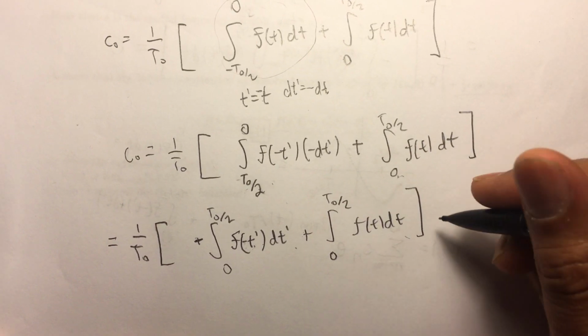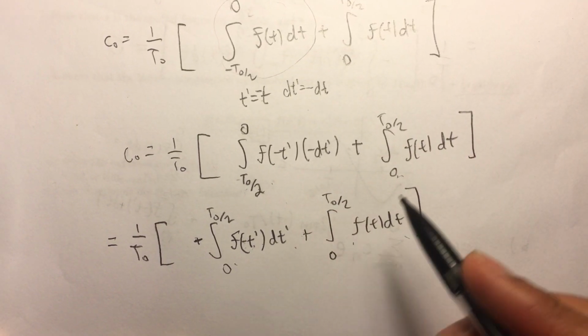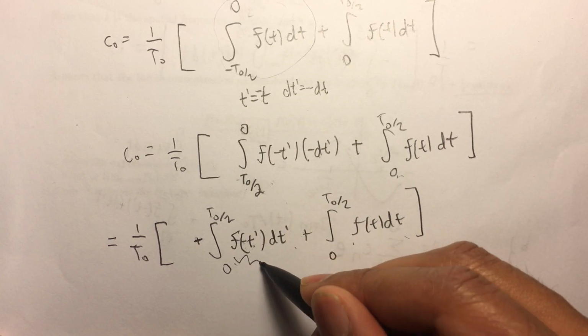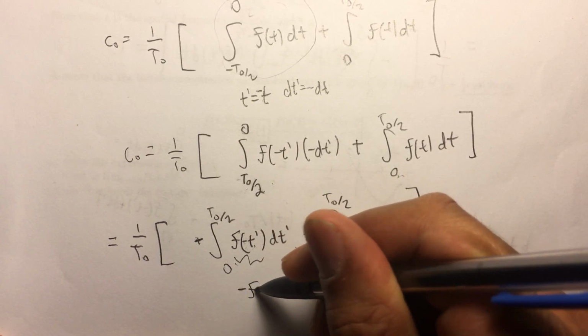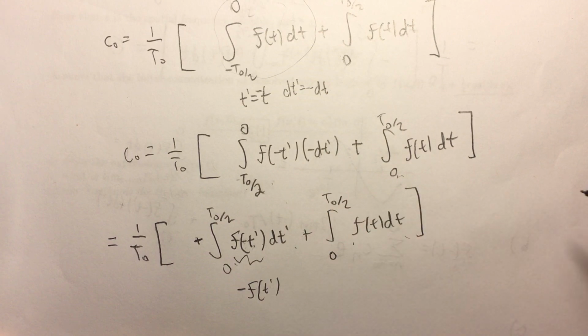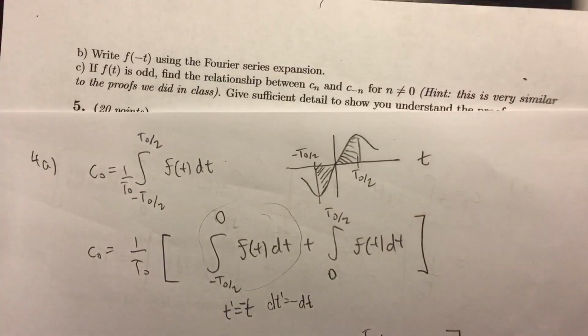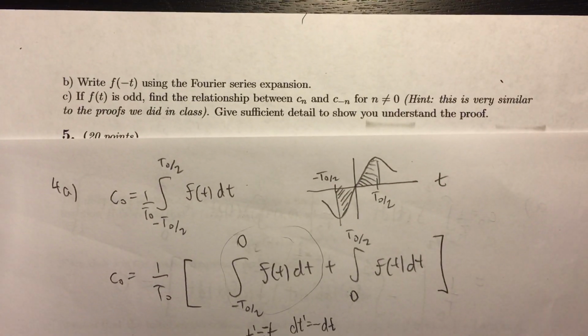So these two cancel out, right? Because this is equal to minus f of t prime. So this is equal to 0. So we're done.